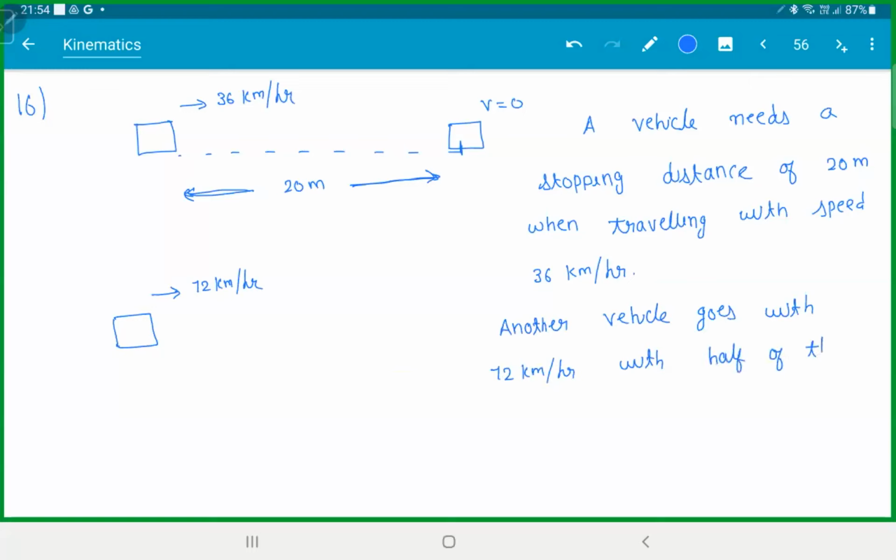Let's call these A and B. B has half of the deceleration of A. Find the stopping distance. So if this vehicle has only half of the braking power of A, but the speed is doubled, how much distance will it take to stop if you apply the brakes?